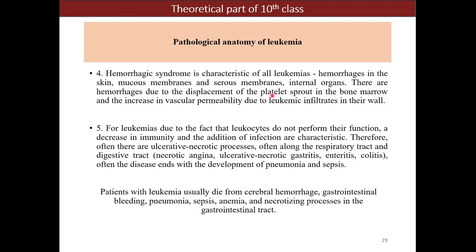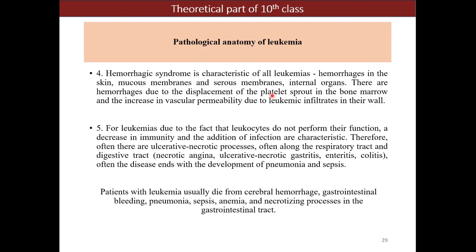For leukemias, due to the fact that leukocytes don't perform their function, a decrease in immunity and the addition of infections are characteristic. Therefore, there are often ulcerative necrotic processes, often along the respiratory tract and digestive tract: necrotic angina, ulcerative necrotic gastritis, enteritis, and colitis also.